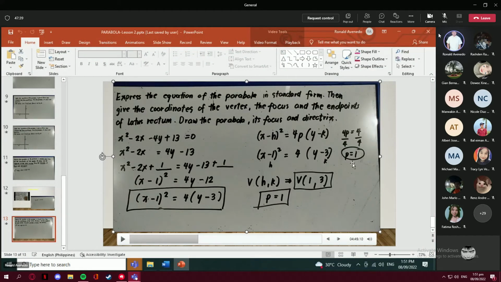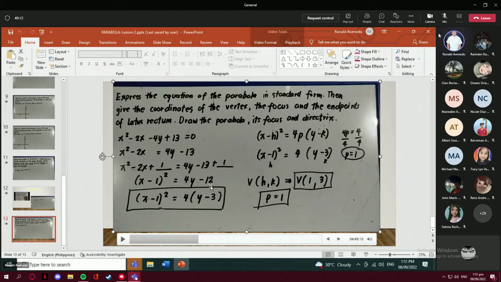Kaya for the second time naging 1 ang ating P. But if it is not 4 here, 8 or 12 or any number divisible by 4 or pwedeng kahit not divisible by 4, then hindi magiging 1 ang value ng ating P. So doon sa question ng constant, magbago-bago ang value ng P depende kung ano ang common factors after dito sa standard form, after solving.